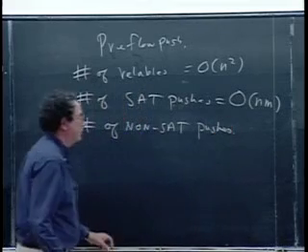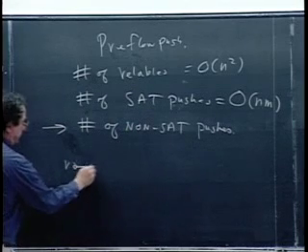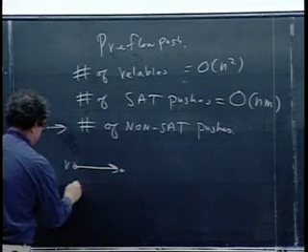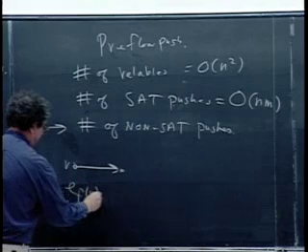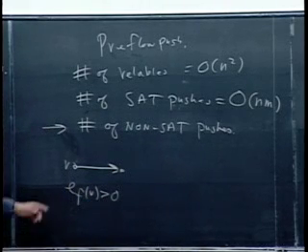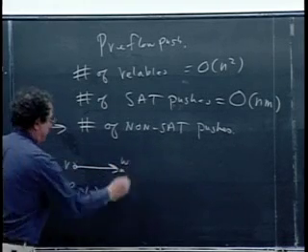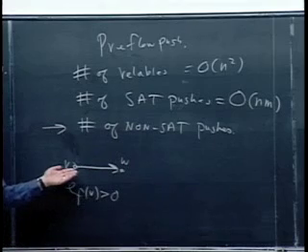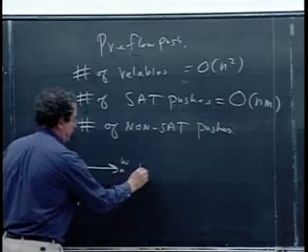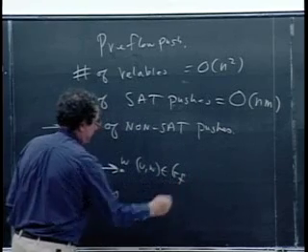Remember what a non-saturating push is. Here you have excess at V, so the excess e_f(V) is greater than 0. And you have an edge here which allows you to push on it. That edge certainly has to be in the residual graph.